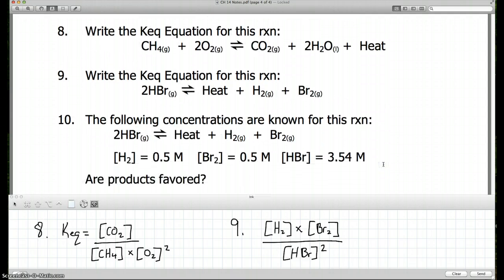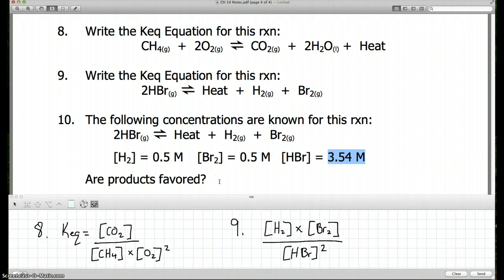Now, what we can do is I will give you these numbers. So this is information that would be given to you. And for number 9 here, all I'm going to do is take these numbers. So for H2, I'm going to take 0.5 molar and plug it in right here for H2. 0.5 molar, plug it in for Br2, and 3.54 molar, I'm going to plug in right here.